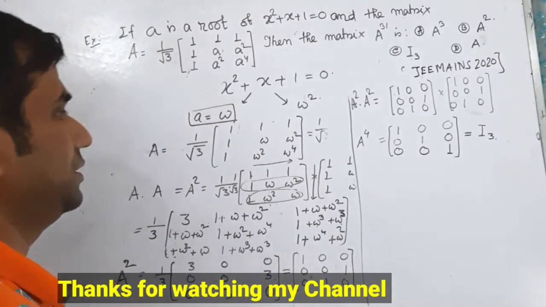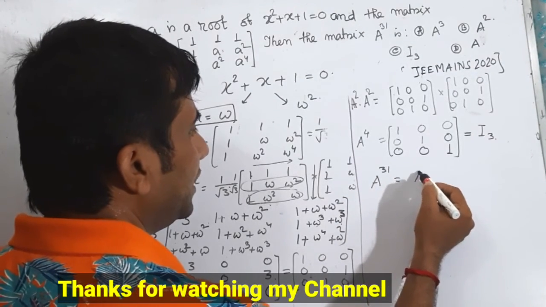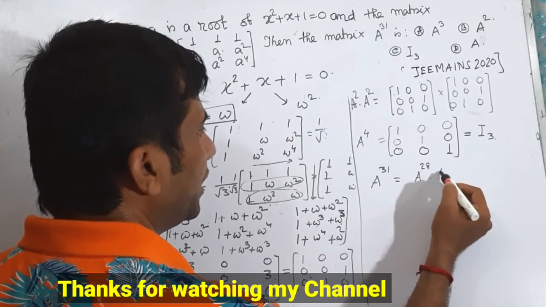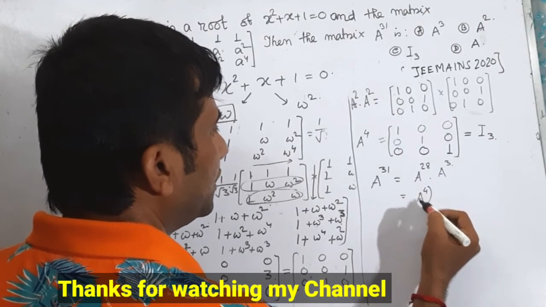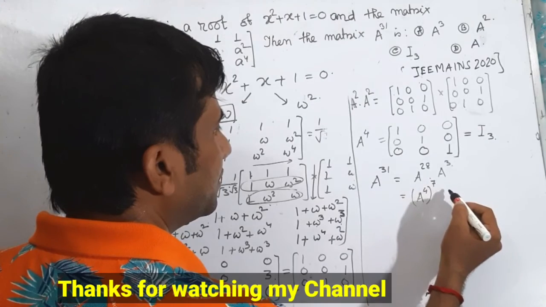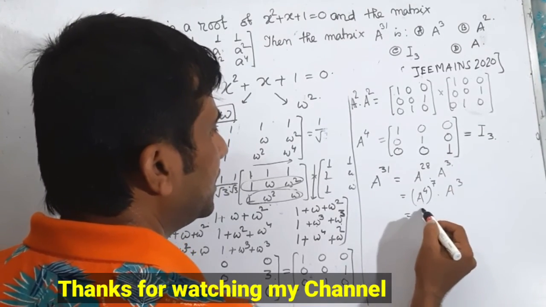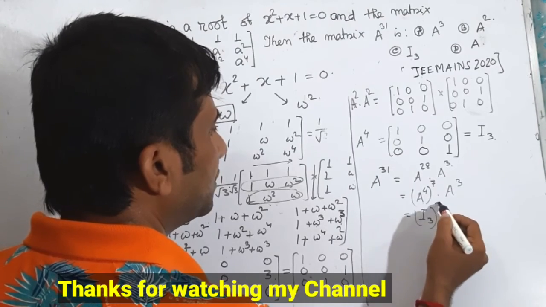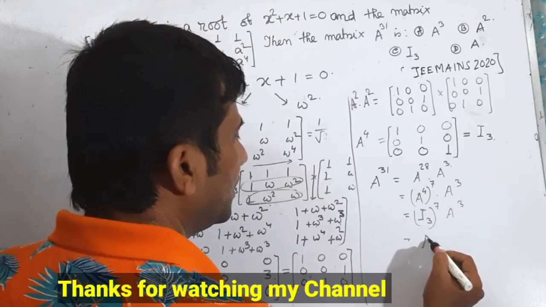Now we have to find the value of A to the power 31. A to the power 31 means A to the power 28 into A cube. That means A to the power 4, whole to the power 7, into A cube. A to the power 4 means I3. I3 to the power 7 into A cube. So our required value is A cube.